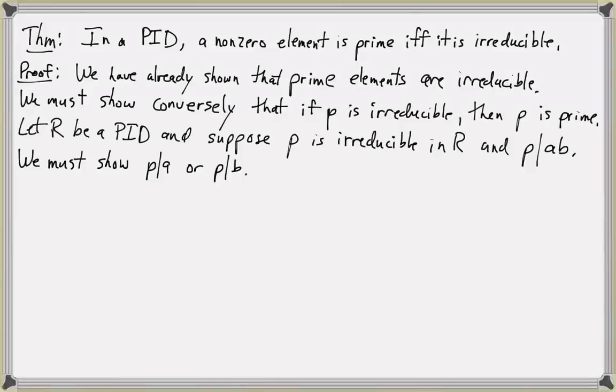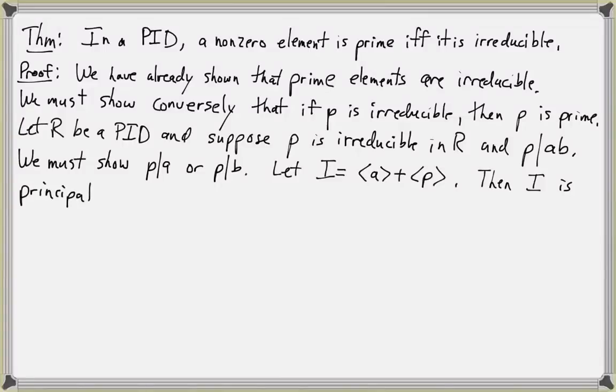To do this, I'm going to define an ideal I as the ideal generated by A plus the ideal generated by P. So we've proven that this is actually an ideal, and since we're in a PID, this ideal I is principal. And I can write I as the ideal generated by some element D.